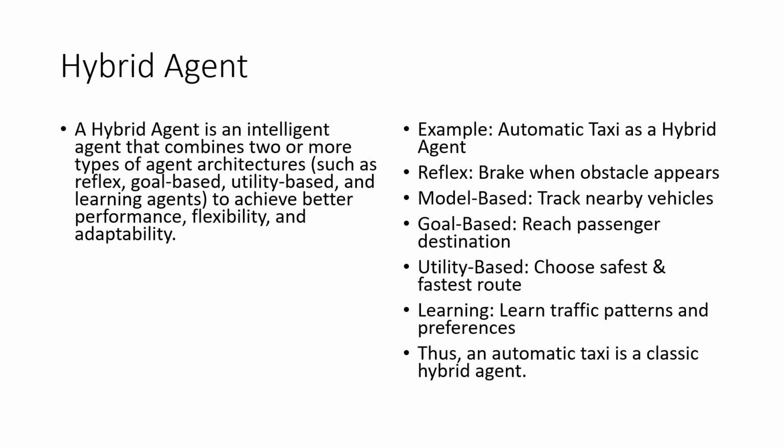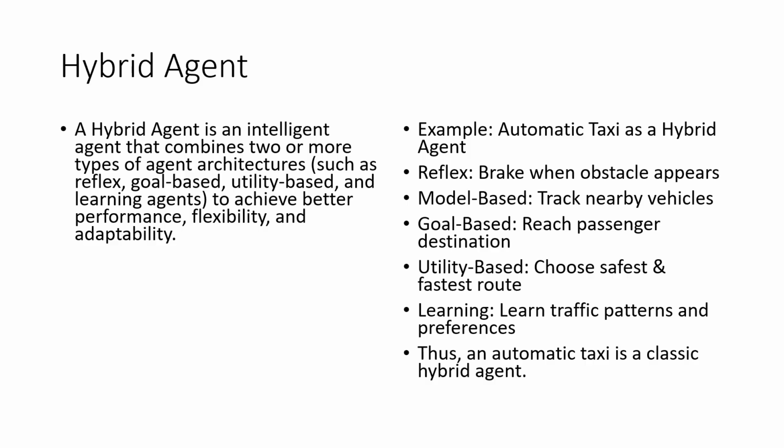Next is the hybrid agent. A hybrid agent is an intelligent agent that combines two or more agent architectures, such as reflex, model-based, goal-based, utility-based, and learning agents, to achieve better performance, flexibility, and adaptability. An automated taxi is a classic example of a hybrid agent.